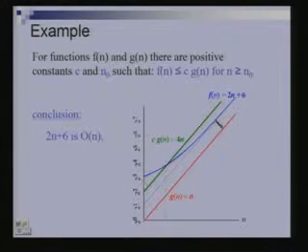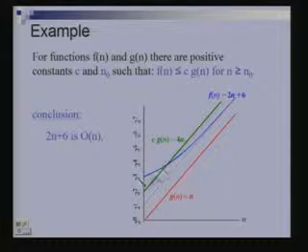Now you might be wondering why 2n plus 6 is a nonlinear function here. That's because the scale here is an exponential scale. So it's 2 to the 0, 2 to the 1, 2 to the 2, and so on, and similarly on this axis. So this is n, and this blue line here is 2n, and this is 4n.